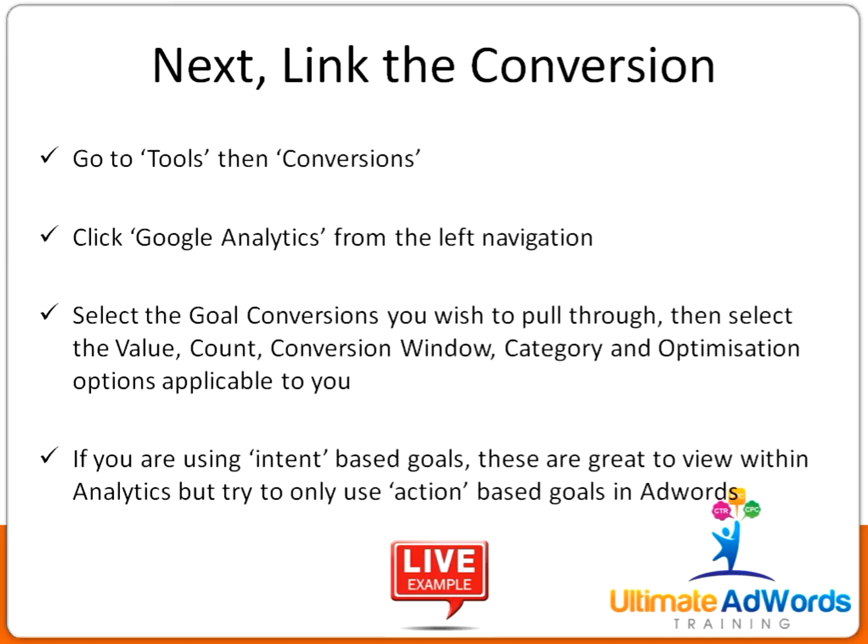A good point to make here is, if you are tracking intent-based goals through analytics, then that's absolutely fine. They are a good form of measurement. But for AdWords, you want to be pulling through action-based goals only, where you have actually received something in return. Maybe that's an opt-in or contact form complete, as an example. Okay, let's go straight to the live example.